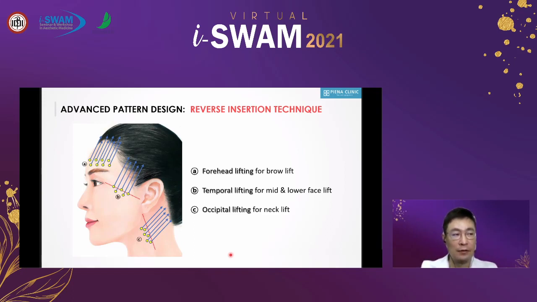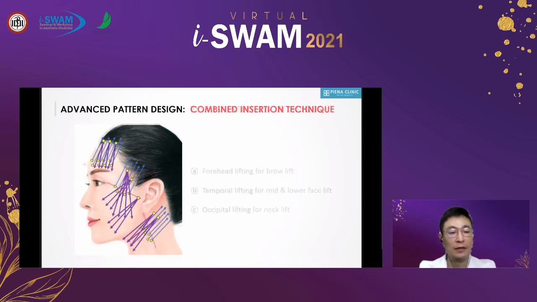So when you fail to achieve a good result in the first session and want to do a touch-up or second session, if you use this technique, you can be assured that the second session will provide a better effect.